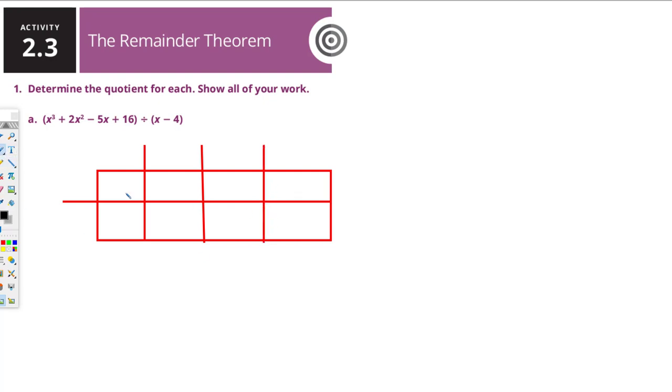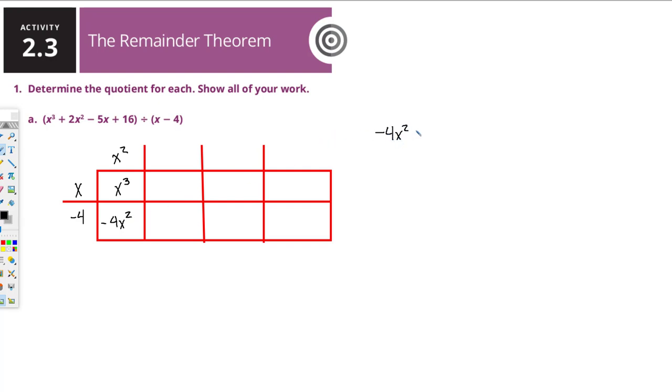And so we have the x minus 4 outside. X cubed goes here. How do I go up? X squared. Then to come down, negative 4x squared.